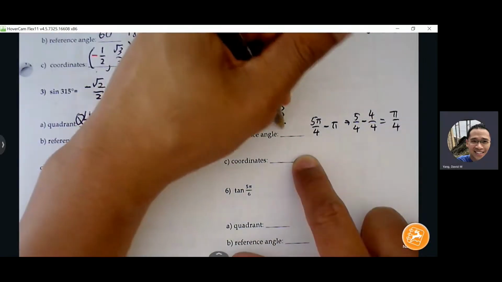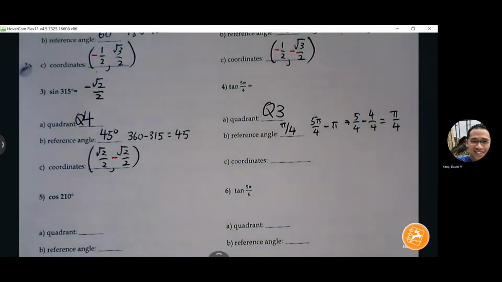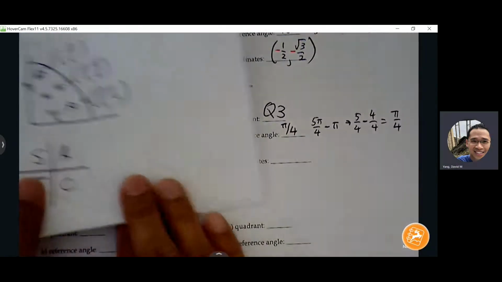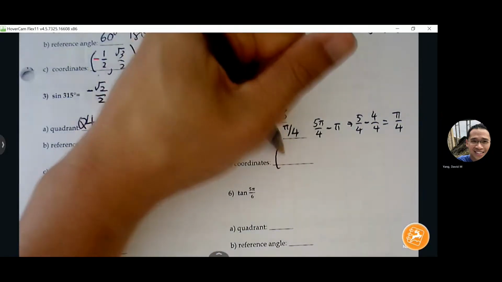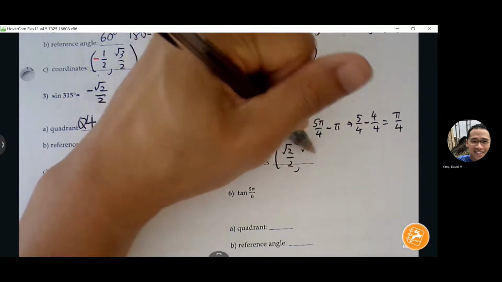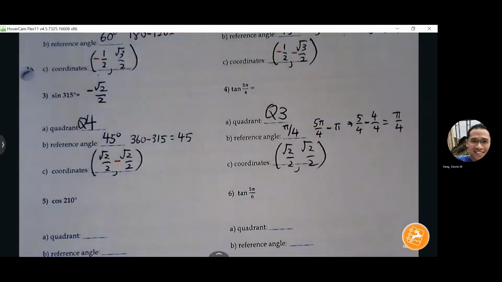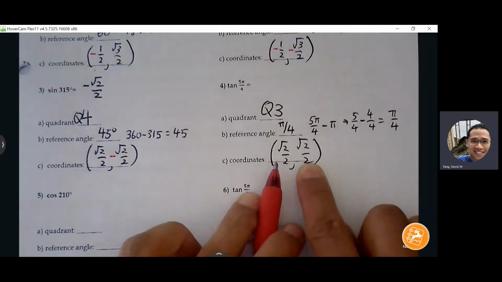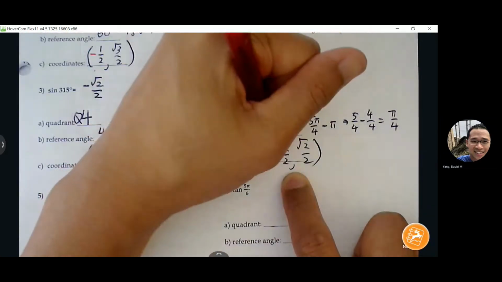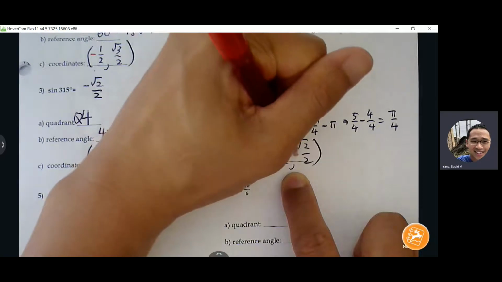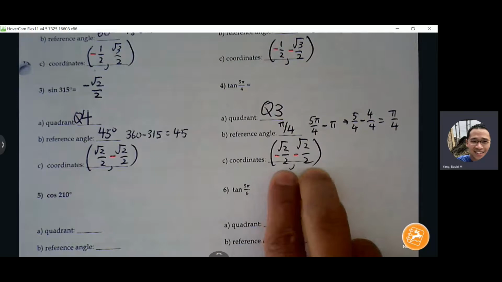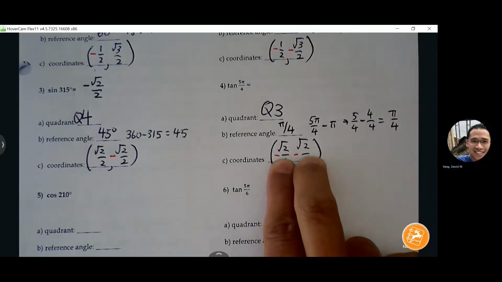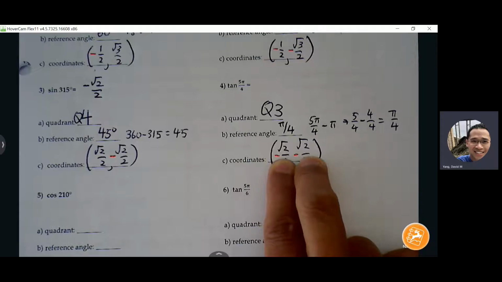Reference angle is pi over 4. Pick out the order pair for pi over 4. Quadrant 3, what are my signs going to be? Negative, negative. For tangent, our strategy is cover up the denominator. Again, y over x. Negative root 2 divided by negative root 2.